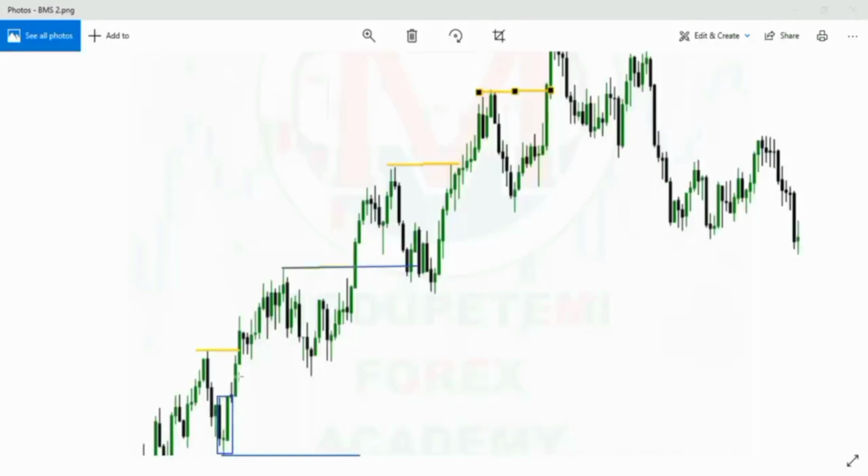And for our swing low, and for our swing high, we'll have it like this. This is our swing high. Remember the pattern that I drew for you. For a swing low, it's always going to be like this, right?